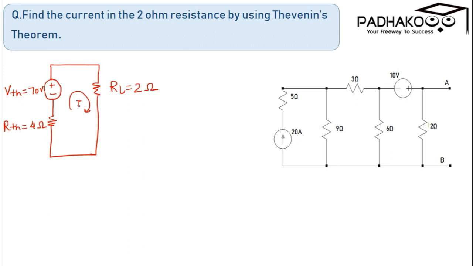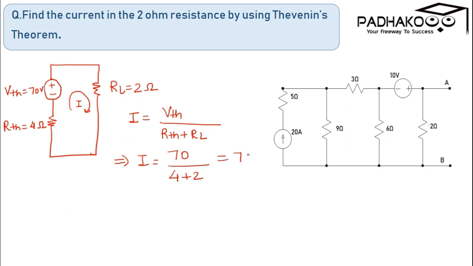To calculate the current I in this branch, I equals VTH over RTH plus RL, which is equal to 70 over 4 plus 2, which is equal to 70 over 6 ampere.